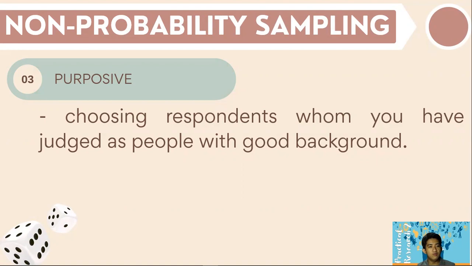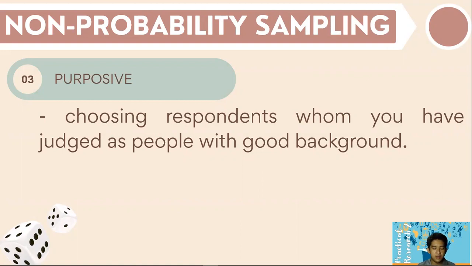And from that group, you're going to look into the samples that you already did a background check on. The disadvantage of purposive sampling is the potential for inaccuracy in the researcher's criteria and the resulting sample selection. It's more of a biased sampling.